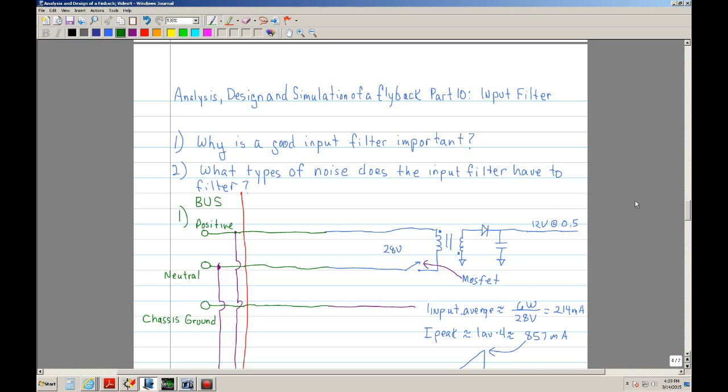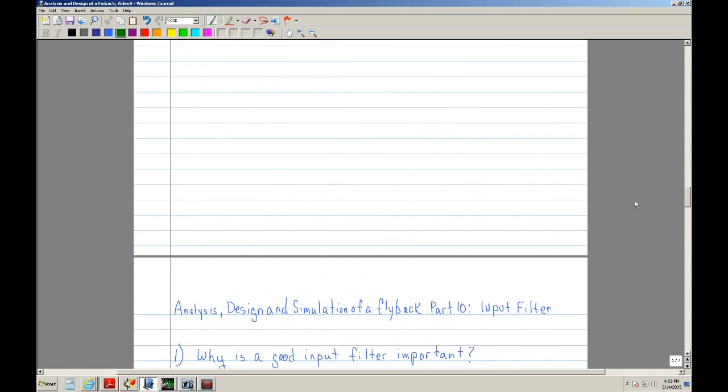This is part 10, and it will include topics on the input filter, which was part of chapter 10, actually chapter 9.